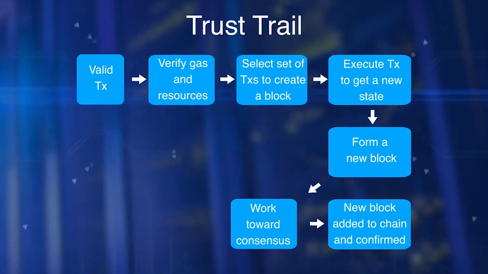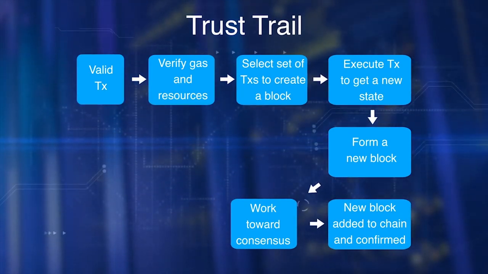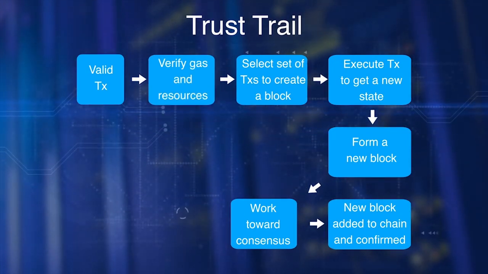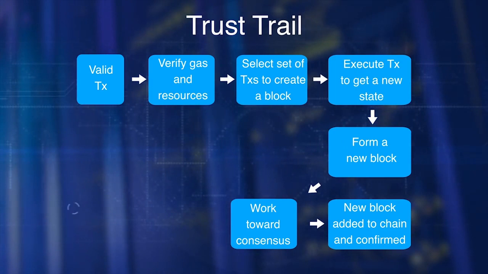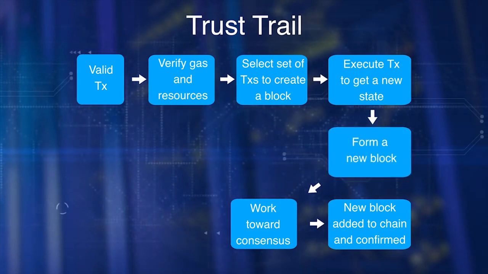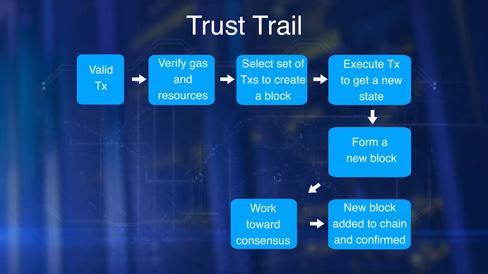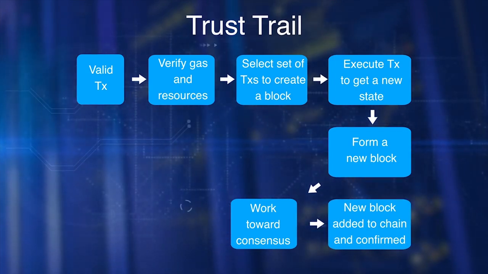The trust trail is defined by these operations: validate transaction, verify gas and resources, gather transactions, execute transaction to get a new state, form the block, work towards consensus, finalize the block by the winner, and everyone add the block to their chain and confirm the transactions. We will examine each of these steps.